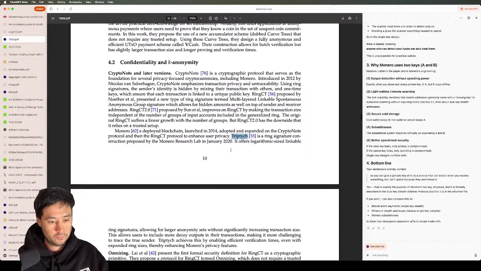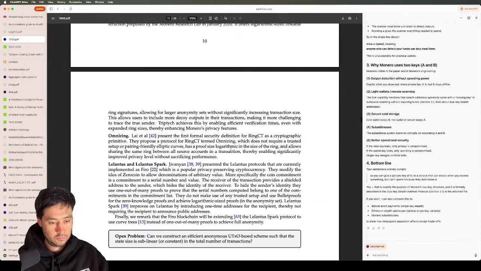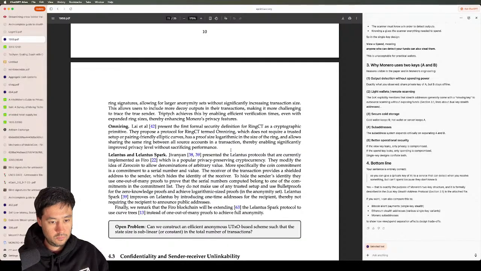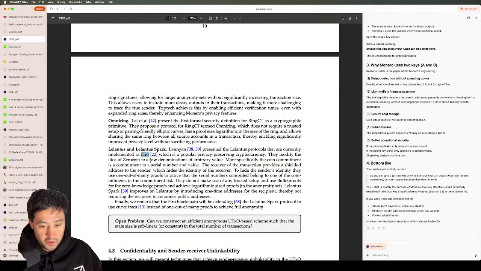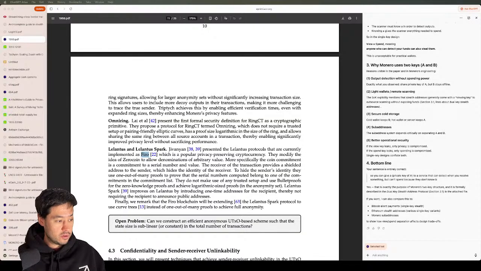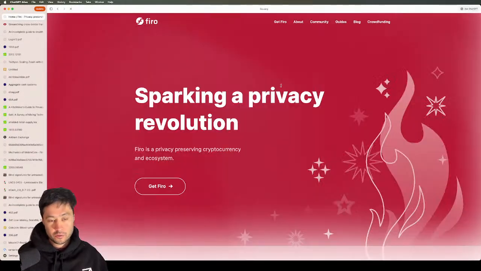Triptych. Well, there's another privacy preserving cryptocurrency called Firo. I've never heard of this one. That's insane, the number of cryptocurrencies out there that exist, I guess. All right, I know I'm getting distracted, but this is interesting.